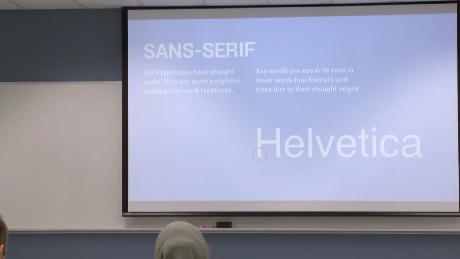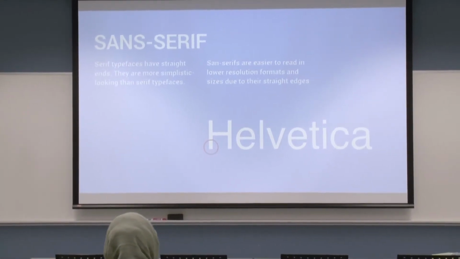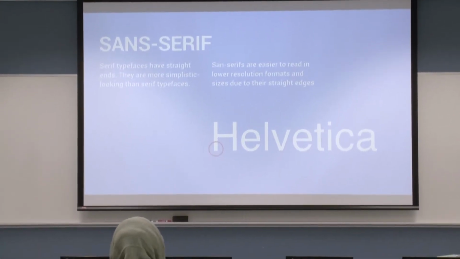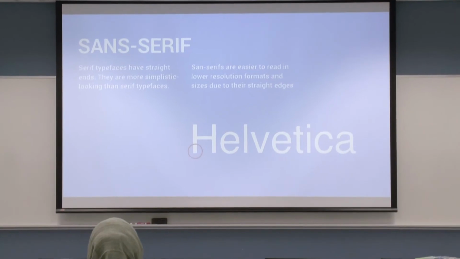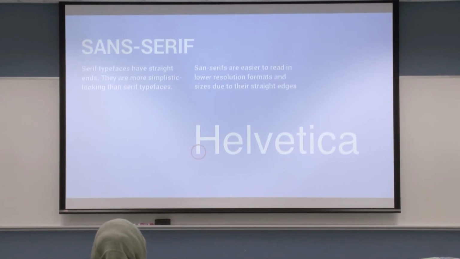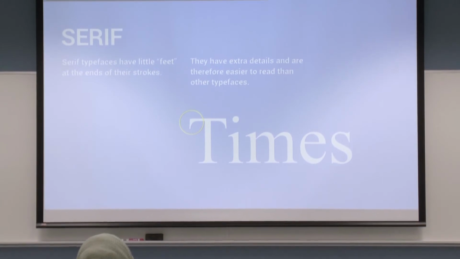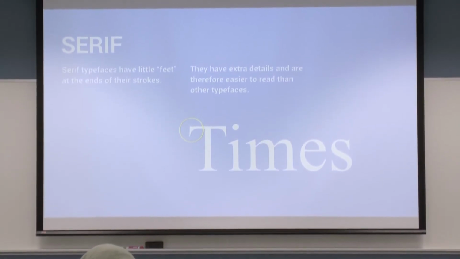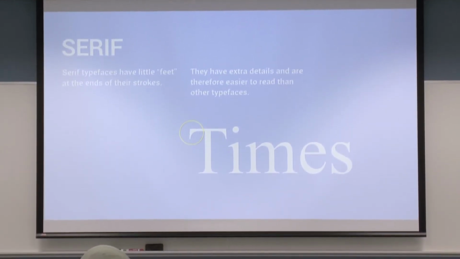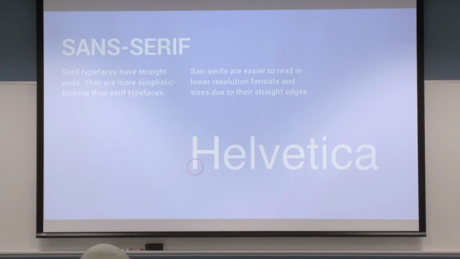Whereas sans serifs are typefaces like Helvetica, where we have a more geometric look. There are different designs in terms of details and how angular and severe some of the strokes look, depending on the type of font. But every single font will typically fall into these categories.